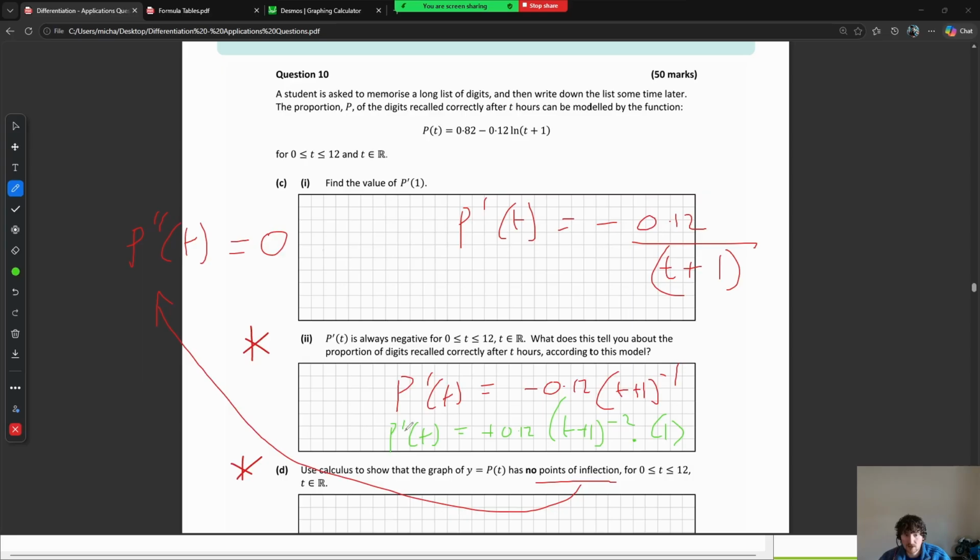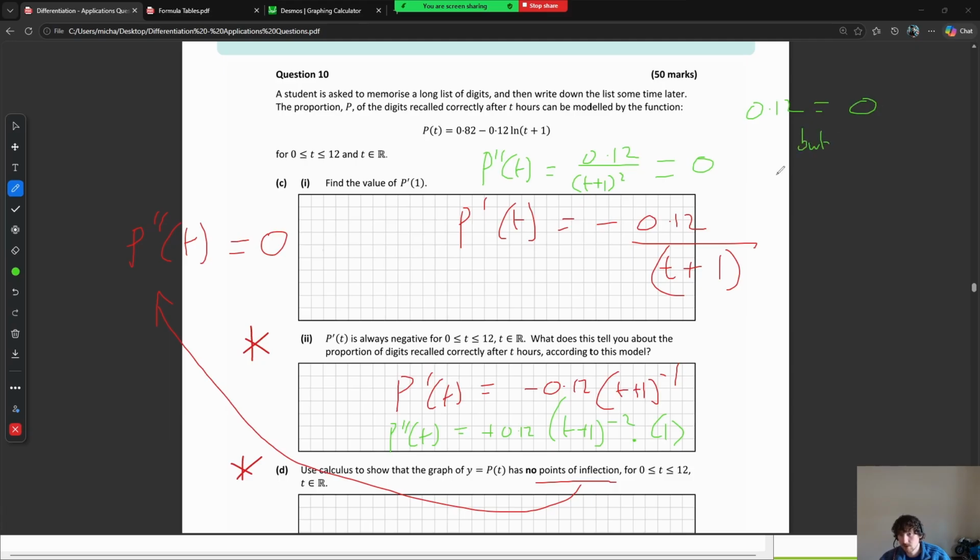And so then p dash dash t, as it's called, is equal to 0.12 over (t plus 1) squared, since a minus 2 power is the same as being squared on the bottom. And then, as we said, we set that equal to 0 when we're looking for points of inflection. And look at this here, there's no way the bottom can make the thing 0, so you just multiply across, and your algebra step would say that 0.12 equals 0.